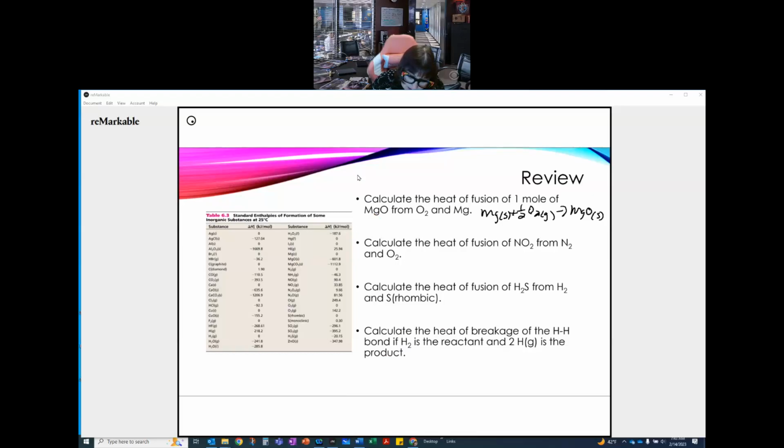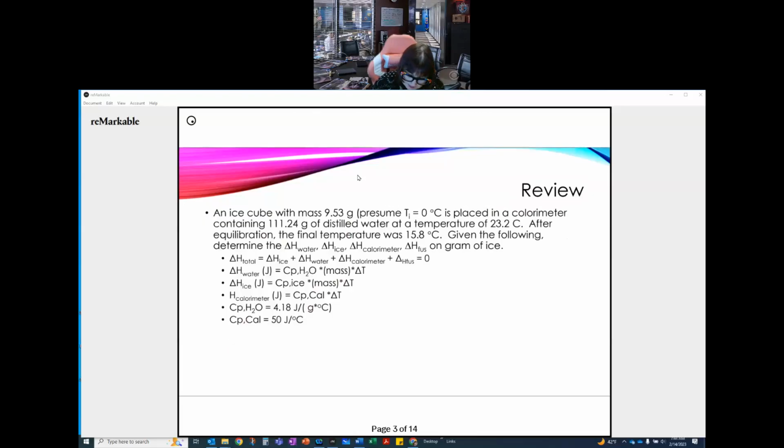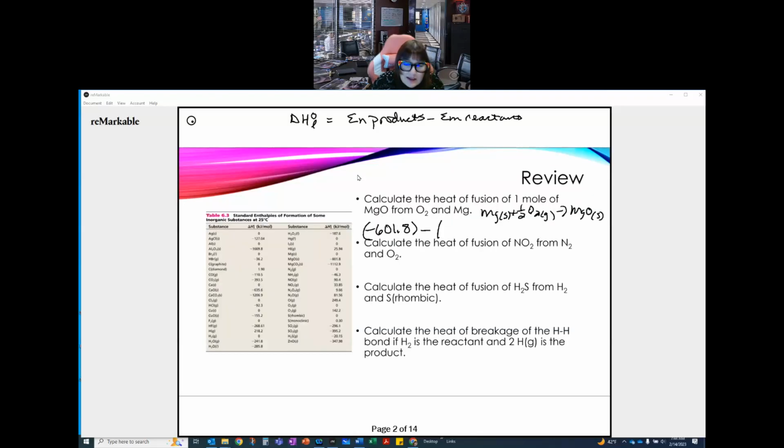And so we're looking at delta H products minus delta H reactants, and so my product at negative 601.8 minus the sum of the number times how much it takes to make an Mg solid.